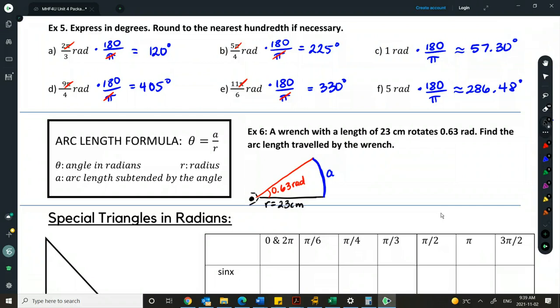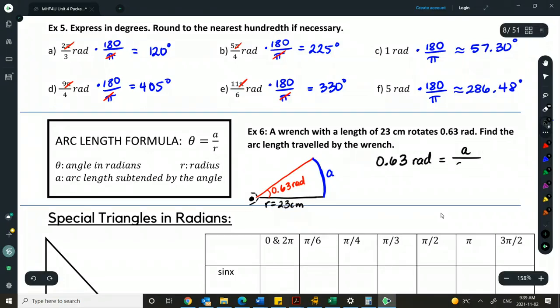Let's plug in what we know into our formula. We know theta is 0.63 radians. Theta must be entered in radian value for this formula to work. Arc length A, we don't know. And radius, we do know it's 23 centimeters. I can get A alone very easily just by multiplying the 23 up on both sides.